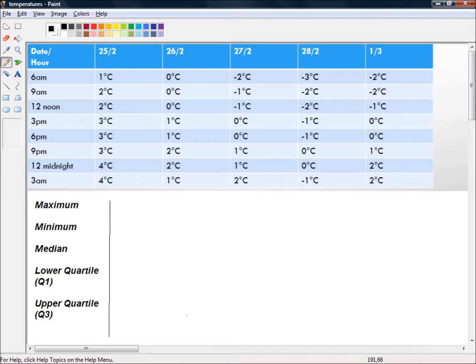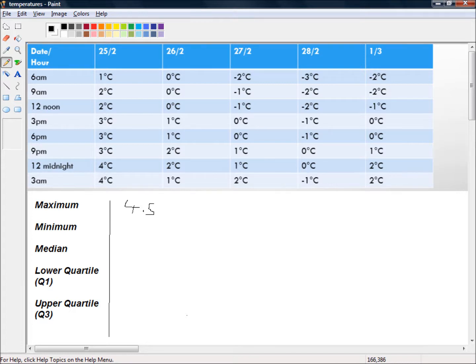So on the 25th of February, these hypothetical temperatures all nicely fit into an ordered list. Our maximum temperature here is 4 degrees C, and because these are temperatures, and therefore measurements and therefore continuous data, our maximum temperature is actually the largest number that will round down to 4 degrees C. So I'm going to say this is 4.5 degrees C. That's the upper bound of the maximum temperature.